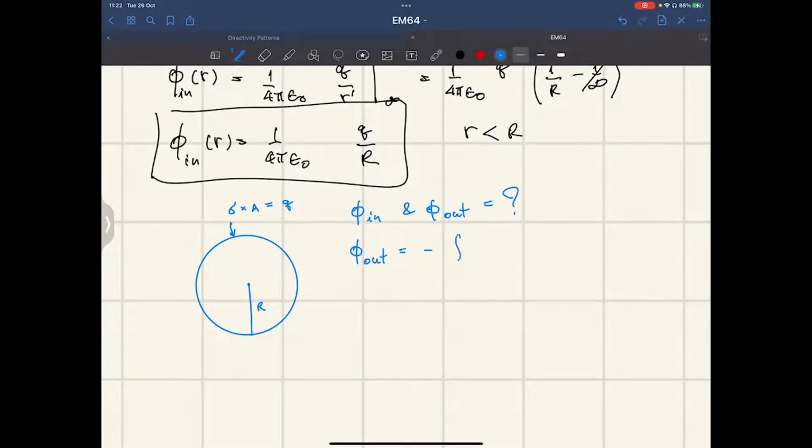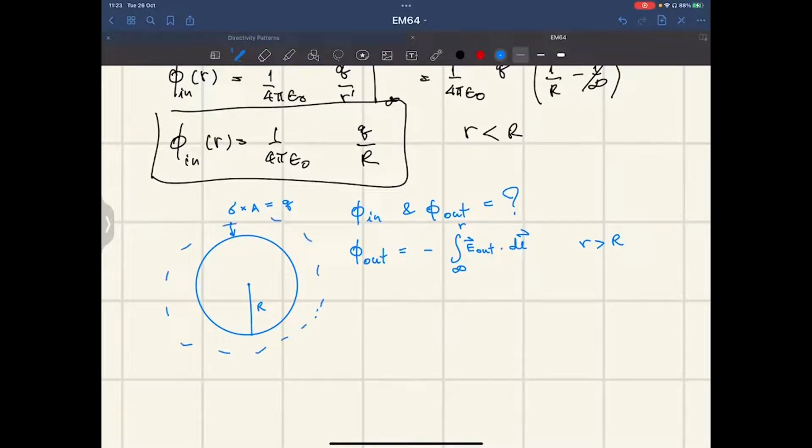It's equal to minus the integral from infinity, this is the reference point, until r here. r can be anything, but r here must be greater than R. This is E out dl. Since our E, we can find using a Gaussian surface. Let's say we draw a Gaussian surface.